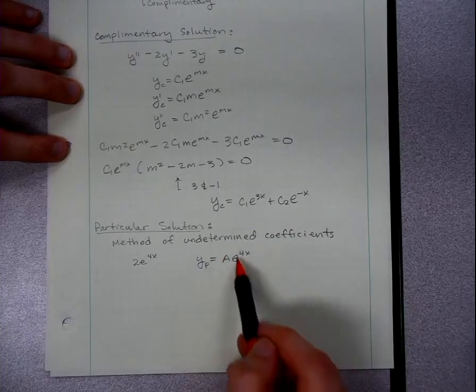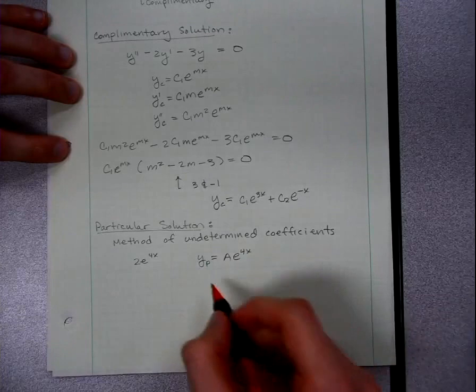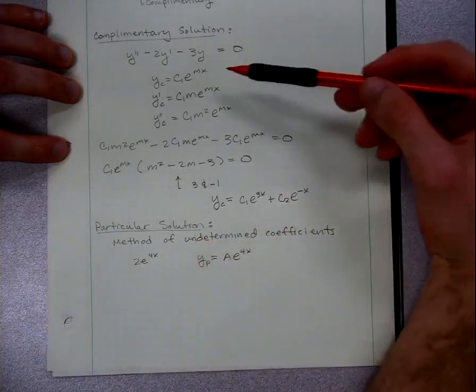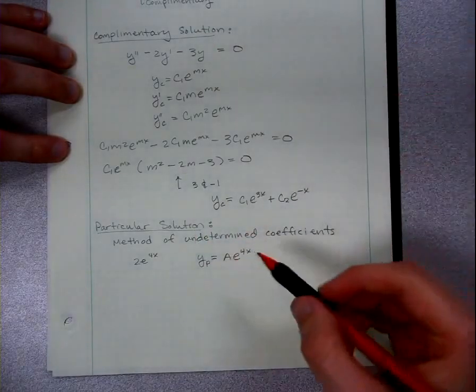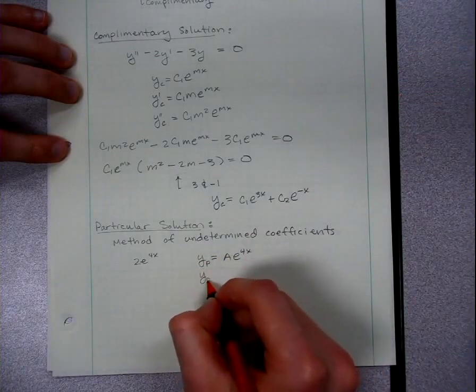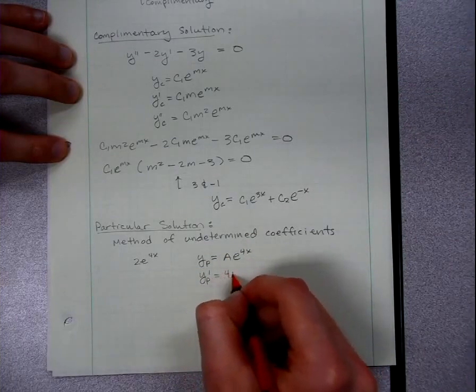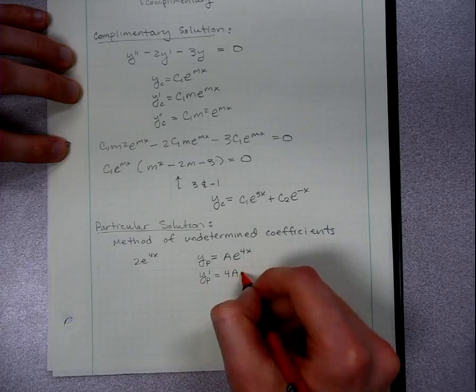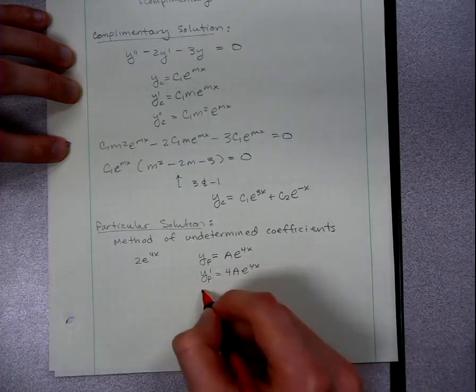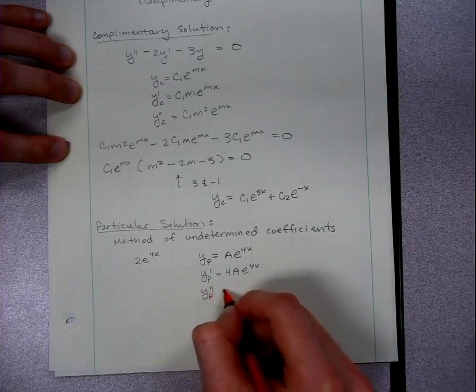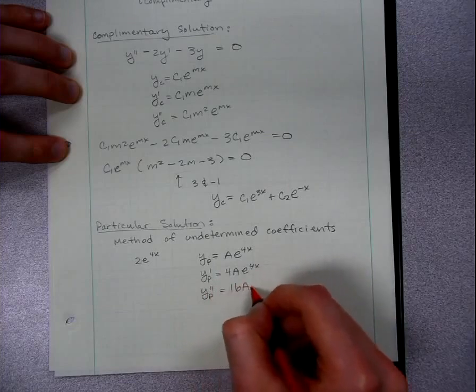So you just kind of guess and check. We're going to do the exact same thing we did when finding the complementary. Let's take the derivatives. yp prime equals 4a e to 4x. yp double prime equals 16a e to the 4x.